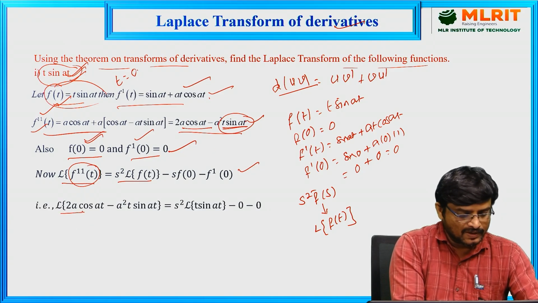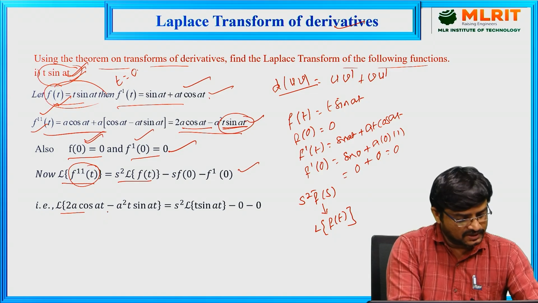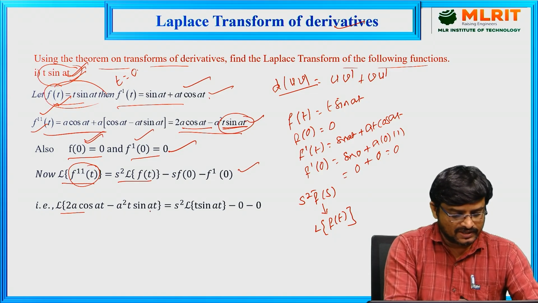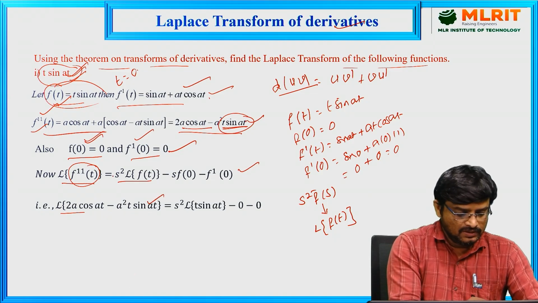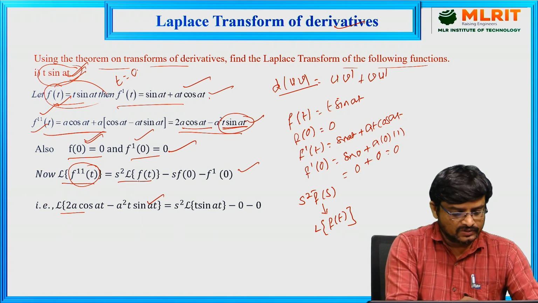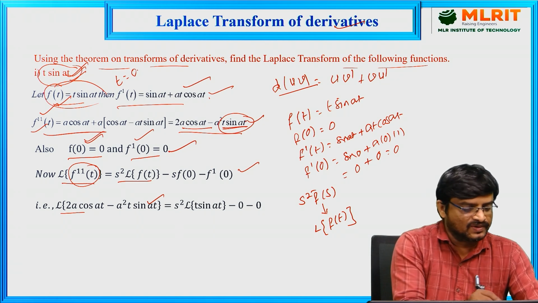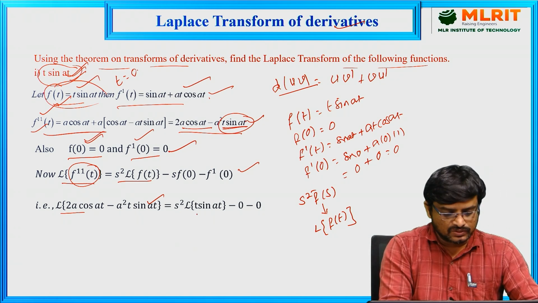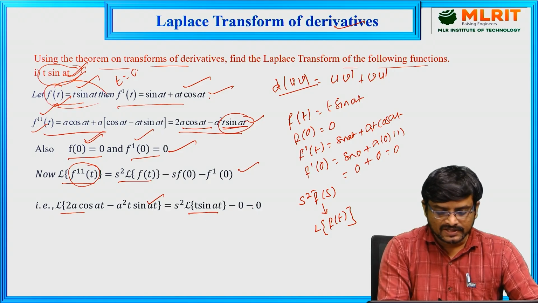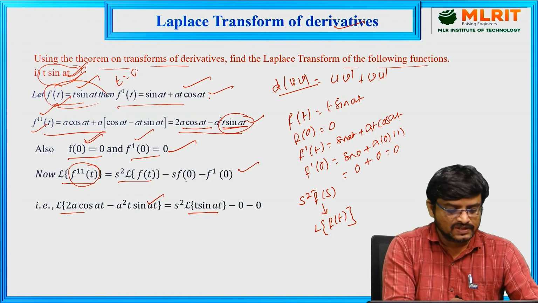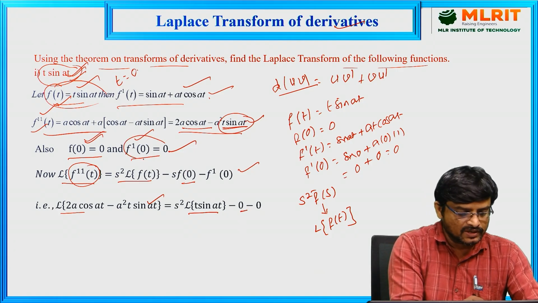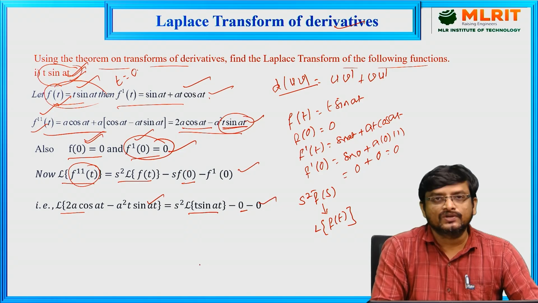So the Laplace transform of 2a cos at minus a square into t sin at is equal to s square into the Laplace transform of f of t. We have taken f of t equal to sin at, minus s into f of 0, which is 0, minus f dash of 0, which is 0 here.